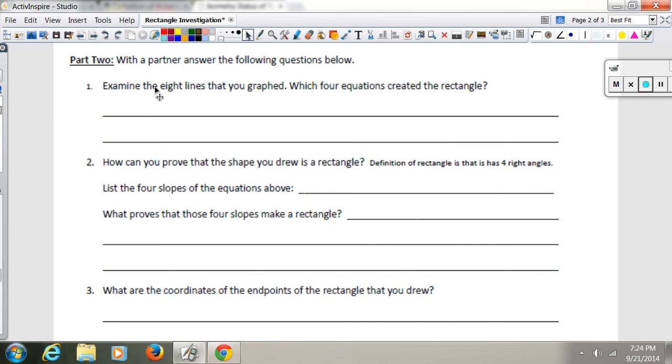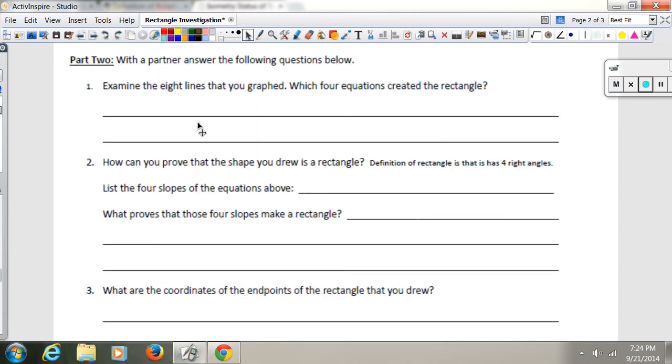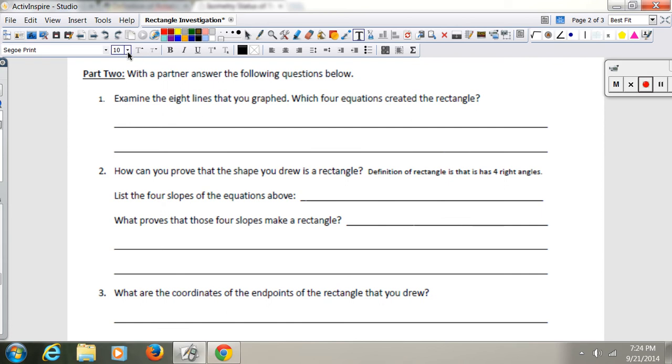Okay, examine the 8 lines that you graphed. Which 4 equations created the rectangle? Okay, so we said it was purple and red. So red was y equals x plus 2. So let's write that one down first. Okay, so y equals x plus 2.